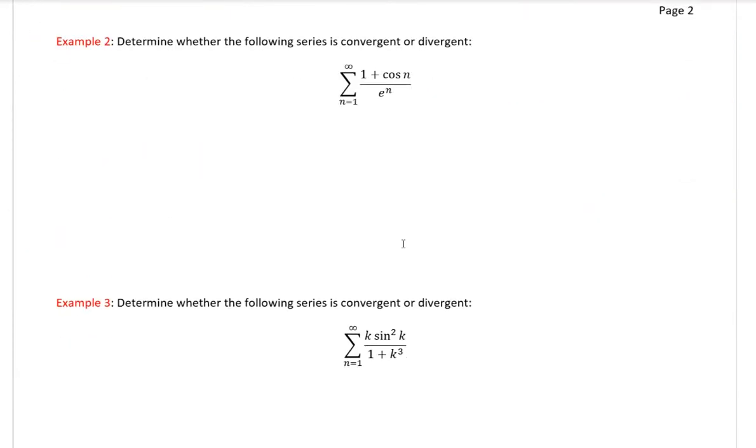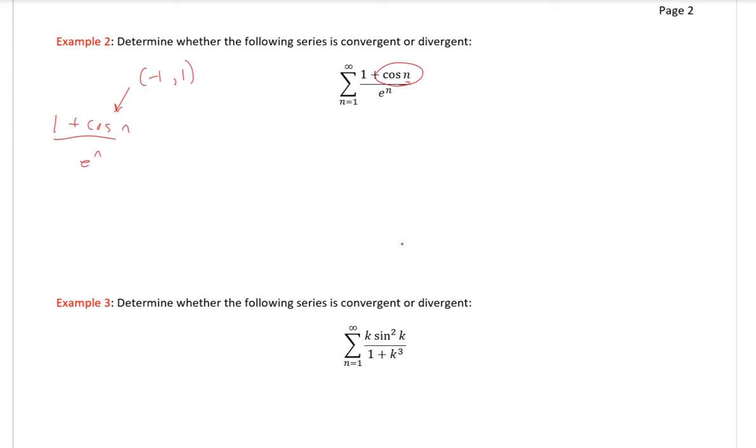Let's do another one. We have here the sum from 1 to infinity of 1 plus cosine of n over e to the n. Now with trig functions, when you see trig functions like cosine or sine, you want to think about what they act like as n goes to infinity. If we look at 1 plus cosine of n over e to the n, we know that cosine will always be between -1 and 1.